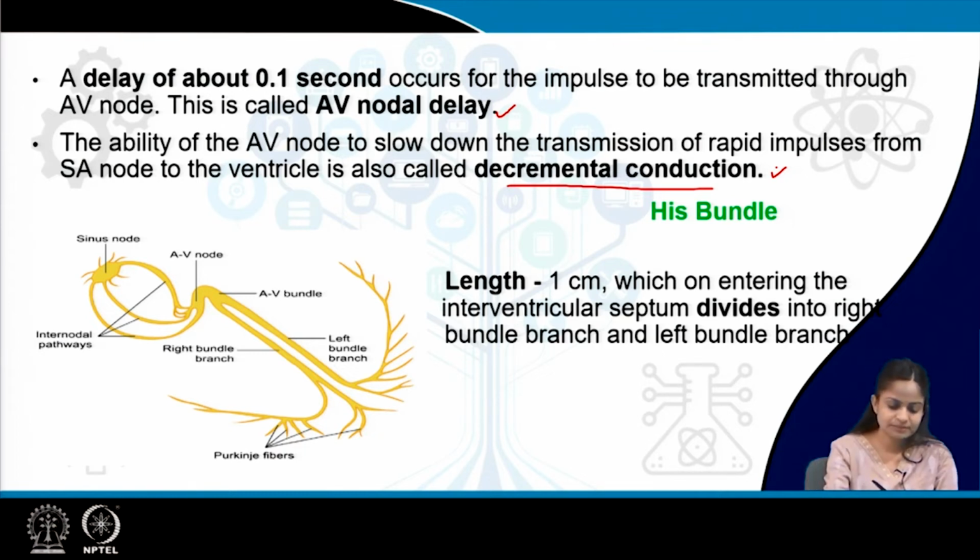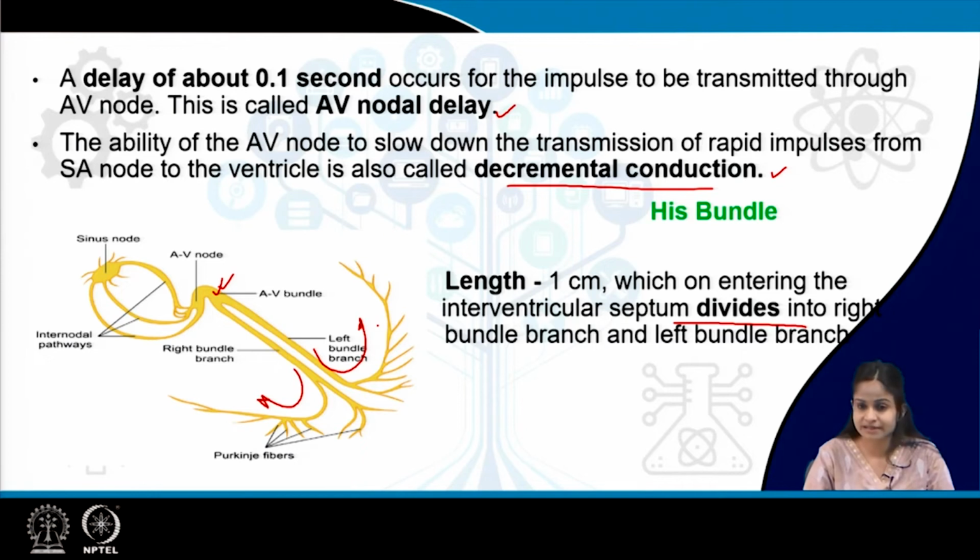Next, coming to the His bundle. The His bundle is also a connective tissue, and this septum rises from the AV node and terminates at the level of the Purkinje fibers at the apex of the ventricle. The His bundle, on entering the interventricular septum, divides into the right bundle branch and the left bundle branch.